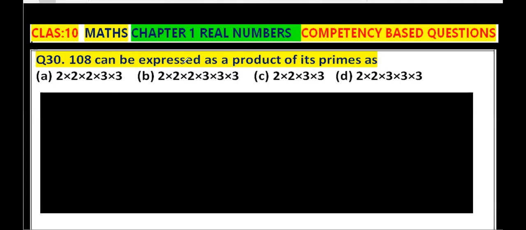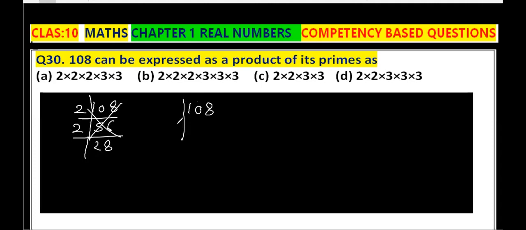108 can be expressed as a product of primes as follows. 108 you can divide by 2, and that gives 54. Again we divide this by 2, that is 27.